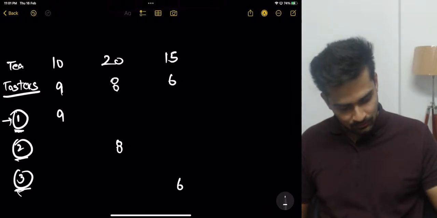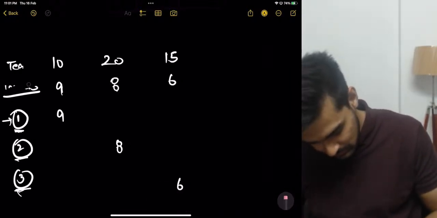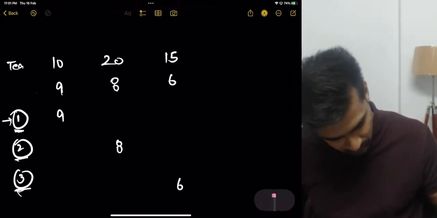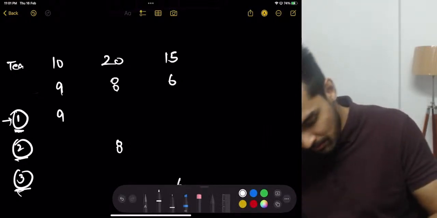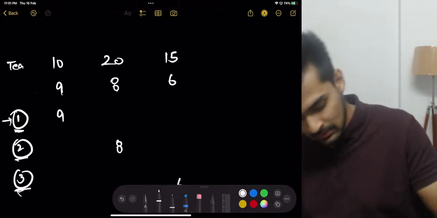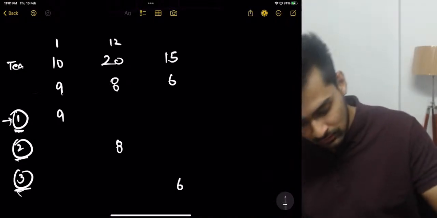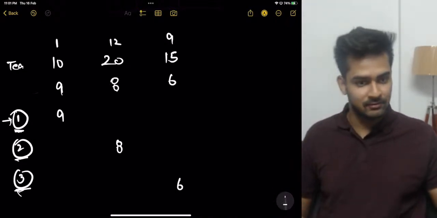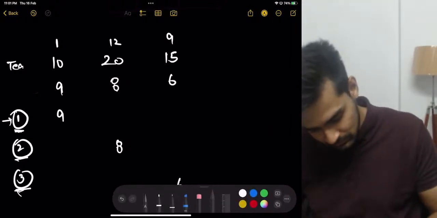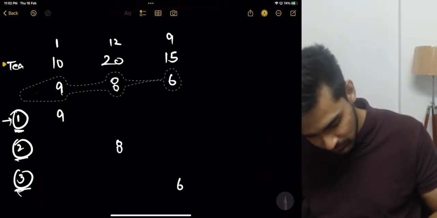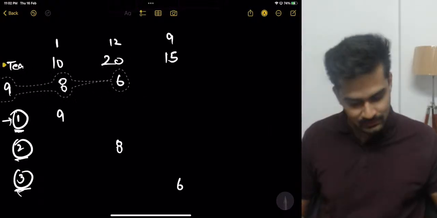Now let me develop this. Before that, how much is left? Only 1 milliliter is left, 12 milliliters is left now, and 9 milliliters is left now. Now everything moves. All these people move like this.